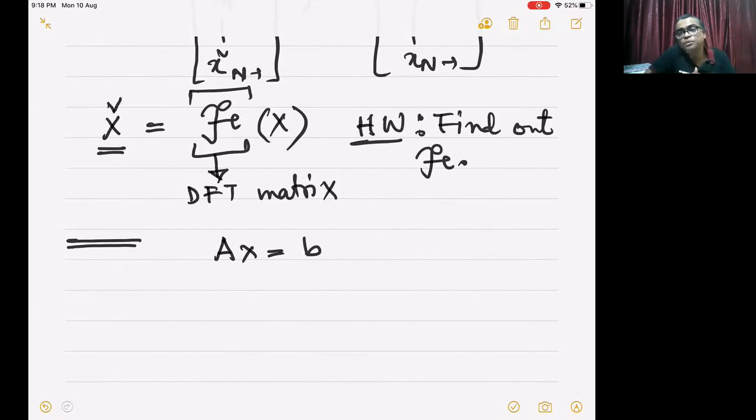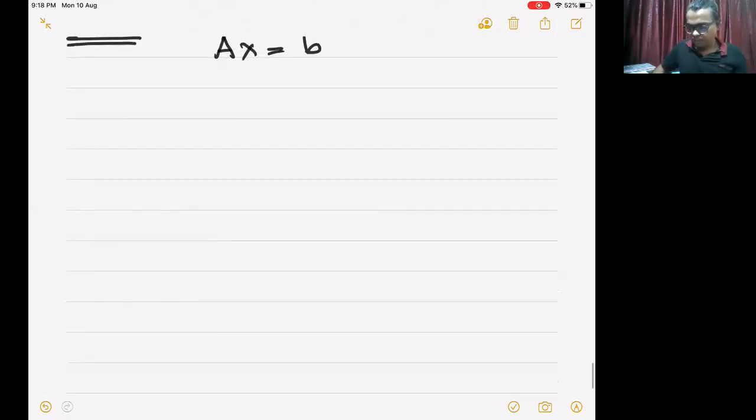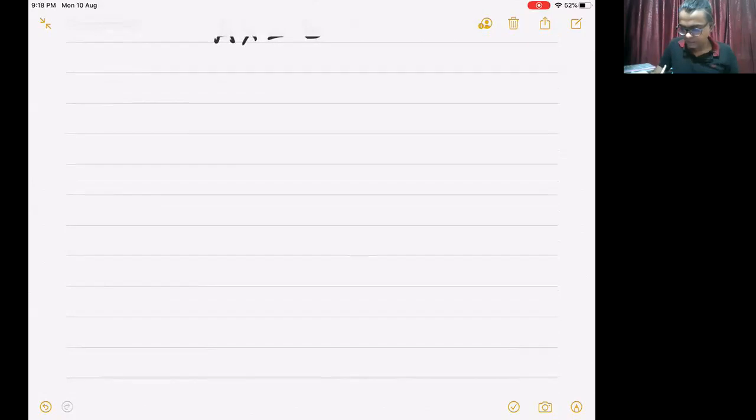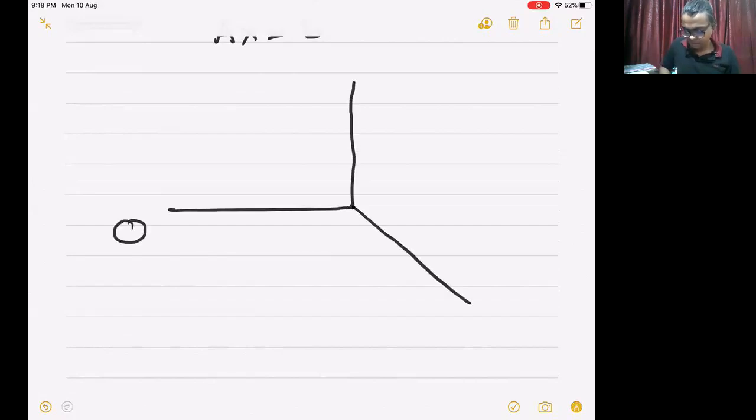That example is the following. Suppose you are inside a room like this. You are here, holding up a binocular.